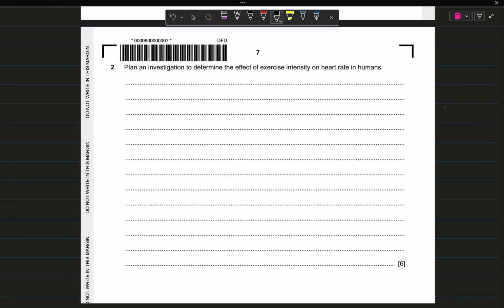First of all, list the independent variable in a neat way. And then here you have the dependent variable. Of course, both are followed by a colon. And then you have the constant variables.